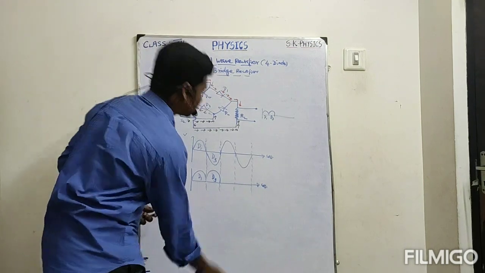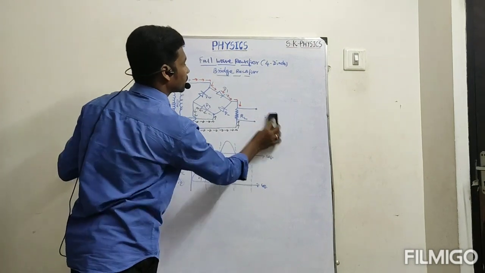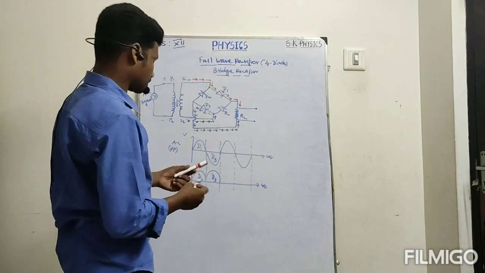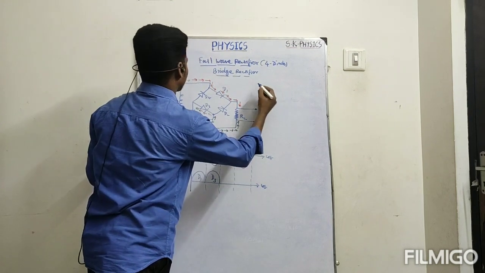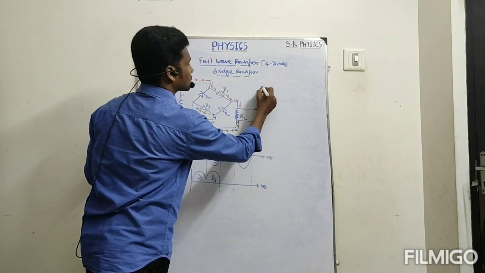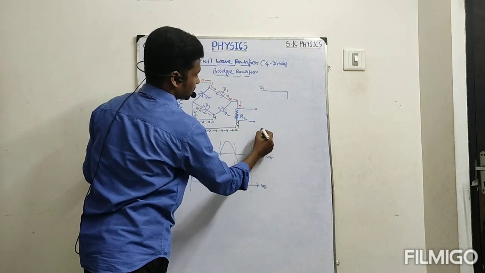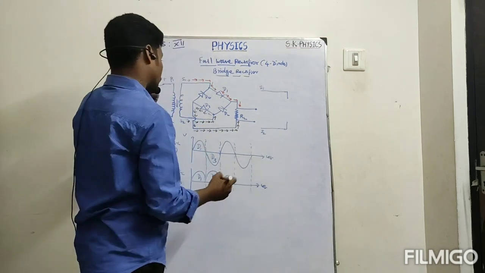Better I'll explain here only the output of the circuit. Please listen. From the secondary of the transformer, from S1 I'll draw here, and from S2 I'll draw here.